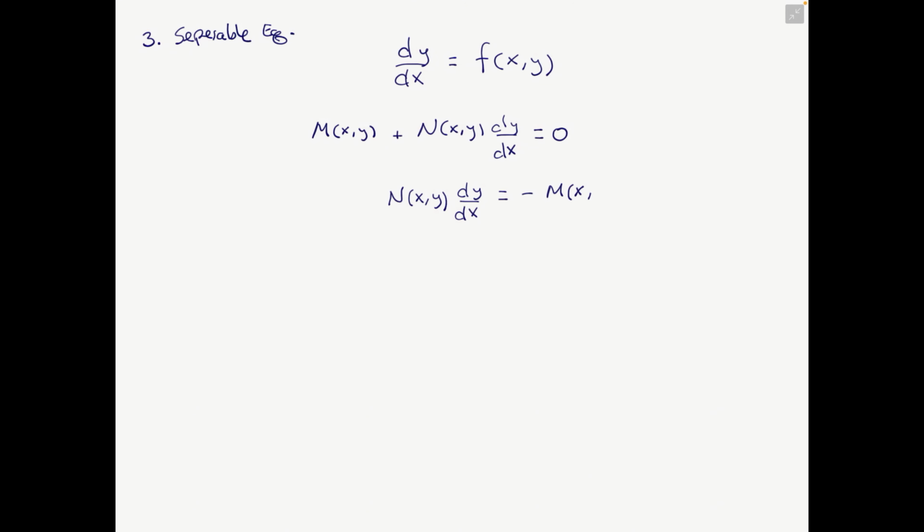And that's the form these equations take. And in solving them, we have n of x and y times dy dx is equal to minus m of x and y.